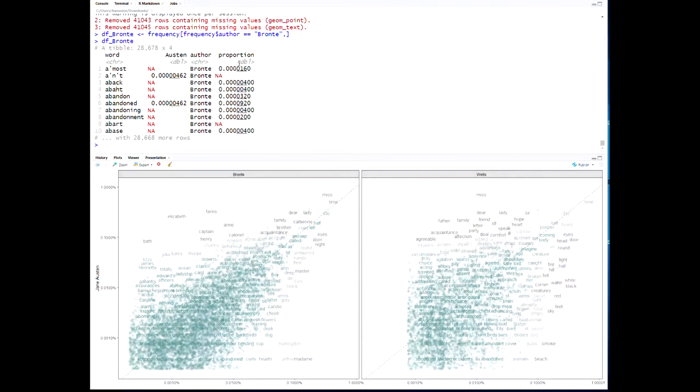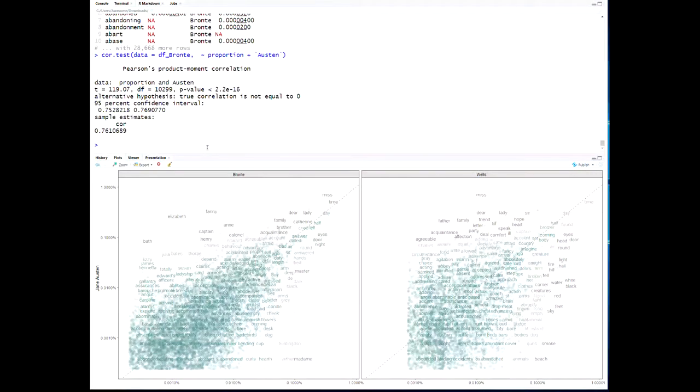And I'm comparing those. So now I've got Austen and proportion. So now I can do a correlation test of that data set of proportion against Austen. And I can find the correlation as 0.76.